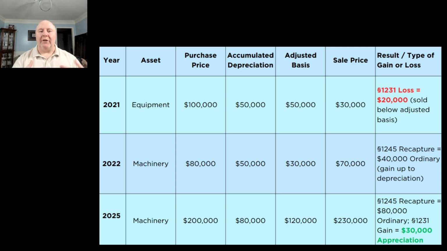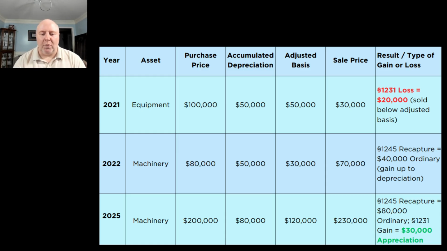A 1231 loss can't be recaptured. 1231 losses will always be considered an ordinary loss. So we have a 1231 loss of $20,000. We'll take this amount and move it over to the 5-year look back, but let's not worry about that right now. Right now, we're more worried about making sure we have this concept down.